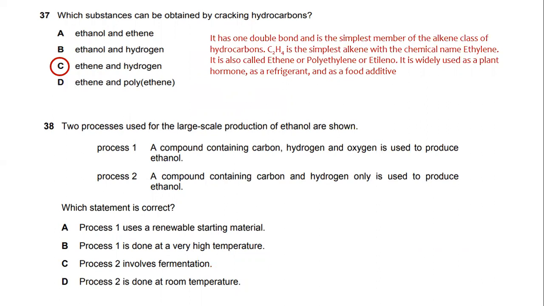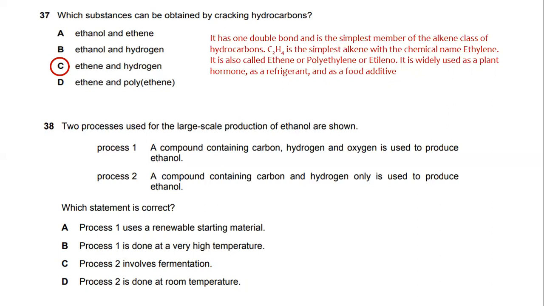C2H4 is the simplest alkene with the chemical name ethylene, also called ethene or polyethylene. It is widely used as a plant hormone, as a refrigerant, and as a food additive. So which substance can be obtained by cracking hydrocarbon? The answer will be ethene and hydrogen.